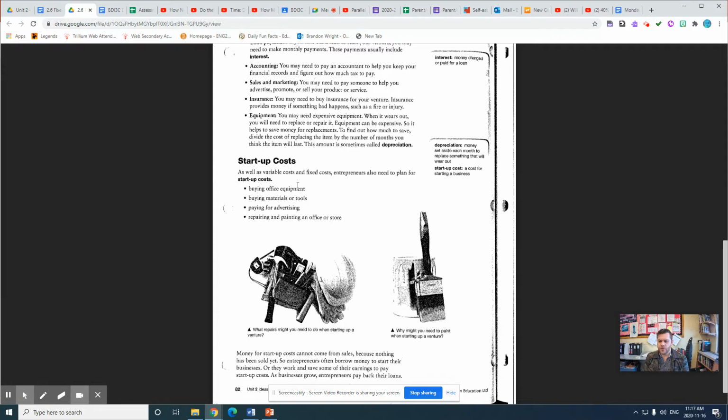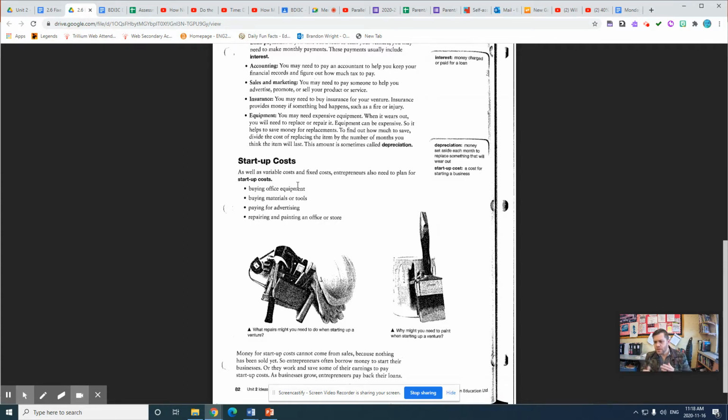So if your job is painting houses, you're going to need paint brushes, paint trays, rollers, tarps, paint itself. Actually, paint, that is a variable cost. But those are all examples of startup costs. You got to buy those before you can even start running your business.